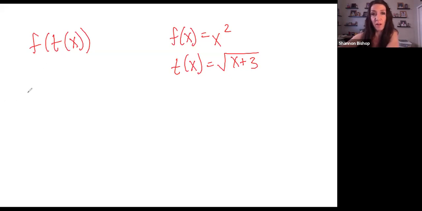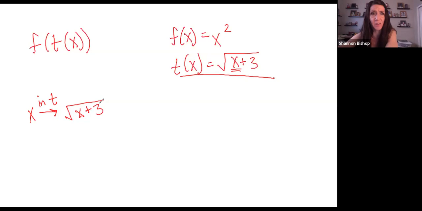So if you think about it in a flowchart sense, you're taking x and you're plugging it into the function called t. Okay, so here's the function called t. Plug an x in. You're like, Bishop, don't you just get the same thing back? Yes, yes you do. So if you plug x into t of x, you're like, I have the formula.